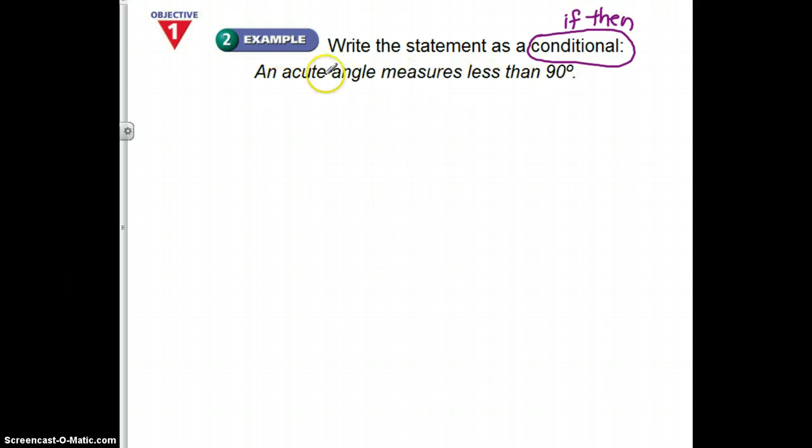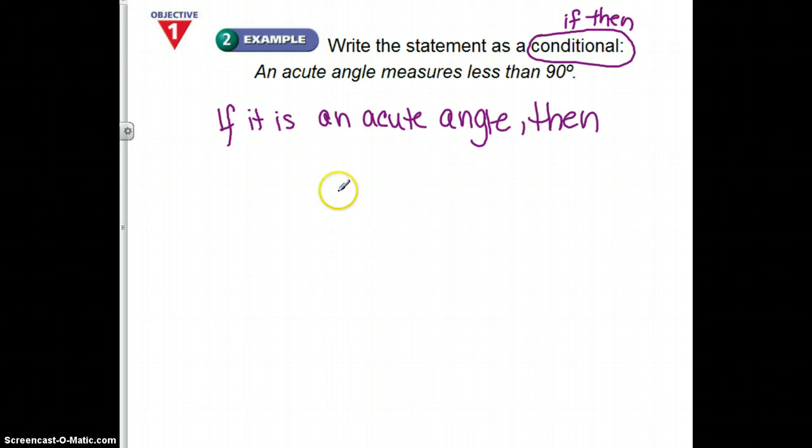So, now remember, there are a couple different ways I could do this. One way would be if it is an acute angle, then its measure is less than 90.